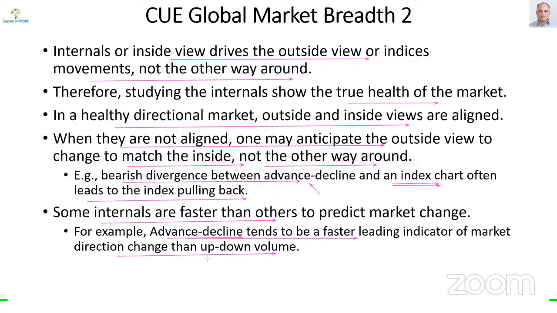Volume tells whether volume is up or down. So of course, advanced decline will be more leading indicator because stocks going up even on low volume will move the indices higher. So we have different internals and we know which ones are more leading than others.